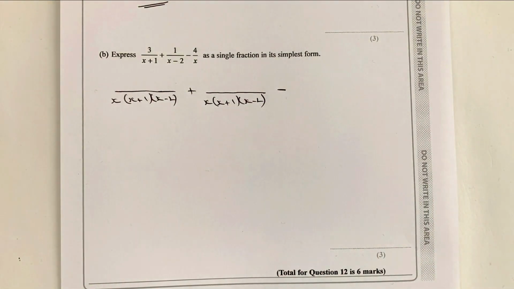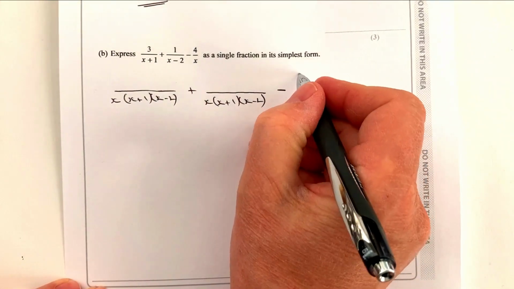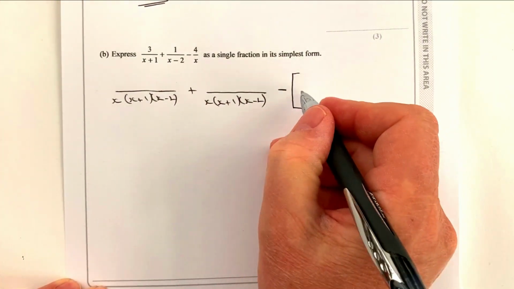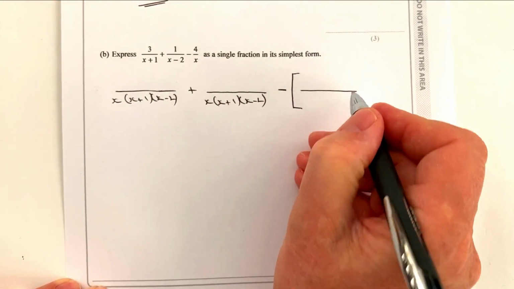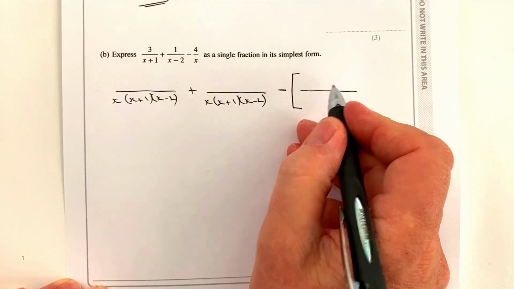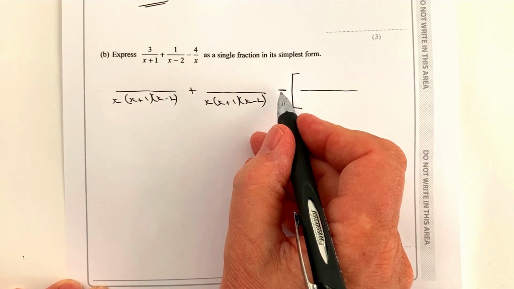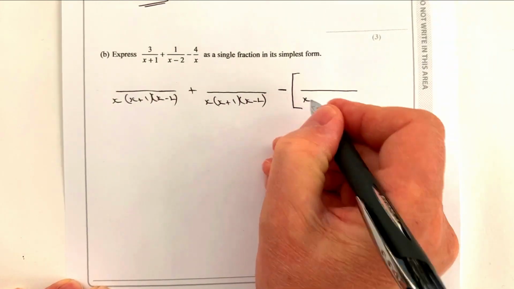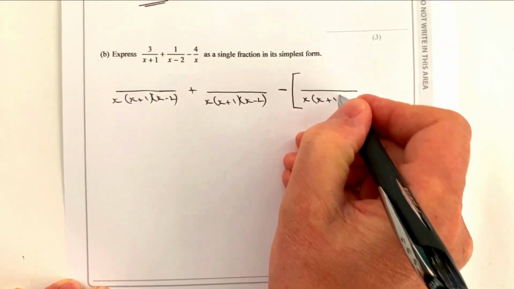So as you know, if you watch my channel on a regular basis, I'm a bit of a fan of square brackets, particularly when it comes to negative terms. So I would always put this into a square bracket, because it reminds me then that whatever happens in here is going to be affected by this negative. So you've got to be a little bit careful. Just make yourself aware of this.